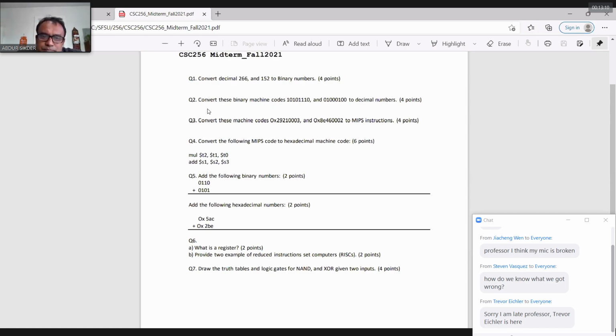The second question, the second binary to decimal. If you cannot do that, then how can I help you pass this course? This is very fundamental: binary to decimal, decimal to binary. And if you don't get that correct, then you can't blame me for that. Then convert machine code to MIPS instruction. Most of them were good, but the next question, I particularly saw, that's why I spent quite a bit of time in the first lecture on learning how to follow instructions.